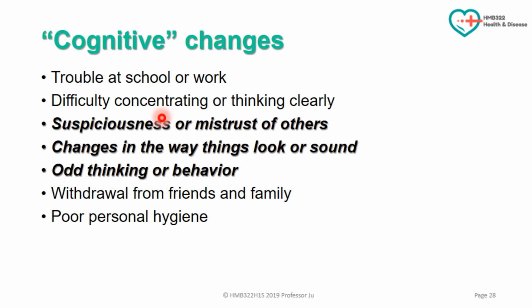Oftentimes this means that they have difficulty concentrating or thinking clearly, but most of the time, when you think of schizophrenia, it's the ones that are highlighted for you: these individuals are suspicious or can't trust other individuals, or typically they hallucinate, or they have a very different perception of what is actually going on around them. Oftentimes this will lead to withdrawal from friends as well as family, and it also means that they stop taking care of themselves.